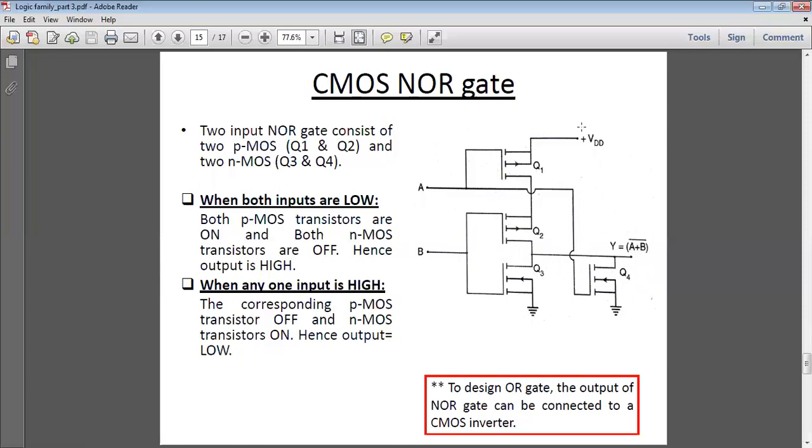That means whatever the voltage VDD is here will come to the output. When both inputs are low, you get high output, Y equal to VDD. When any one input is high, the corresponding PMOS is off and the N channel MOSFET is on, hence the output potential will go to ground, so output will be low. So this circuit acts as a NOR gate. Similarly, from this NOR gate, we can easily get an OR gate by connecting a CMOS inverter.